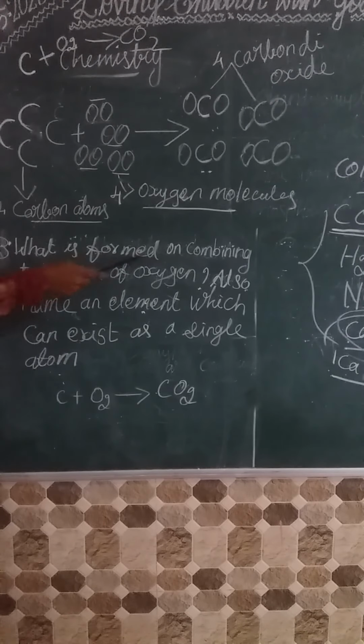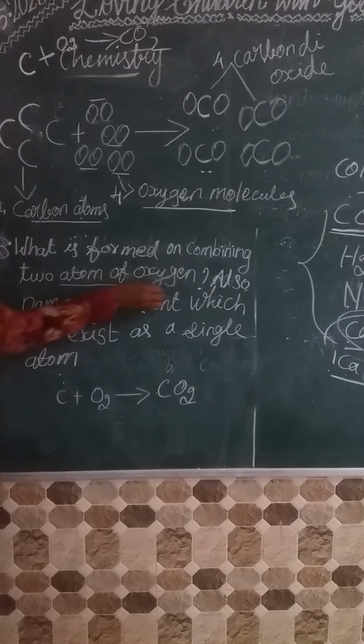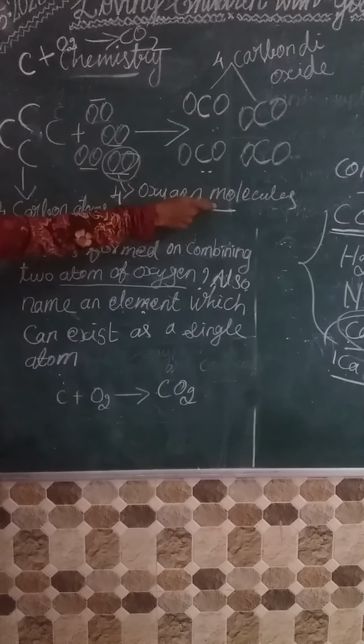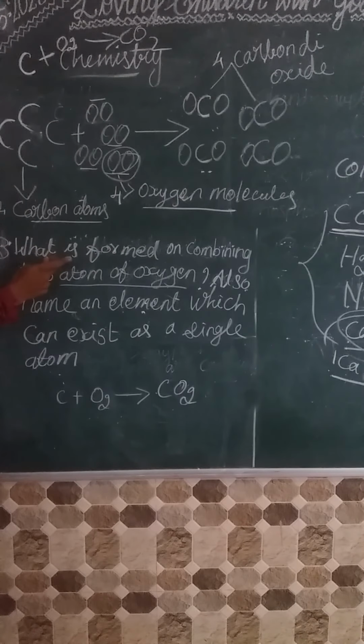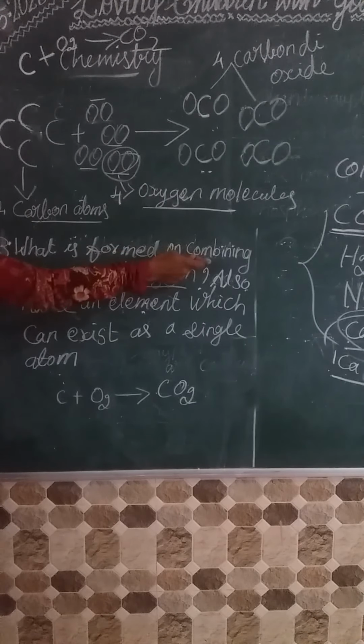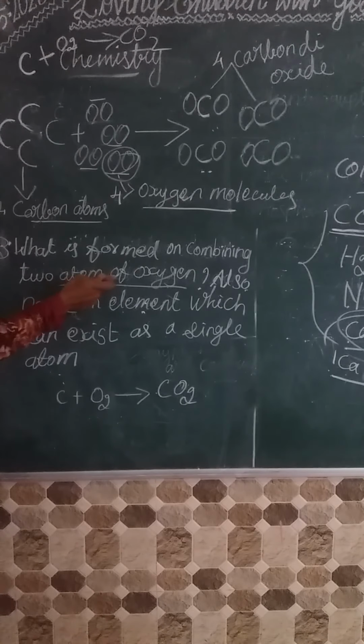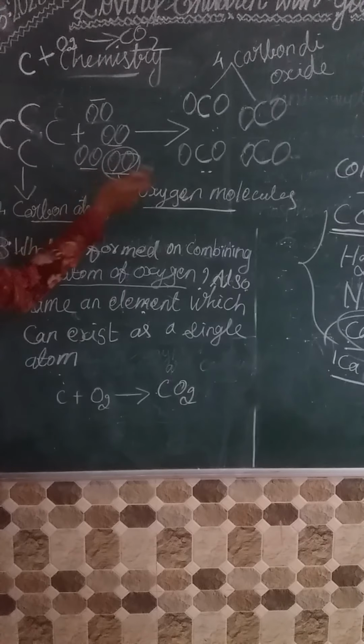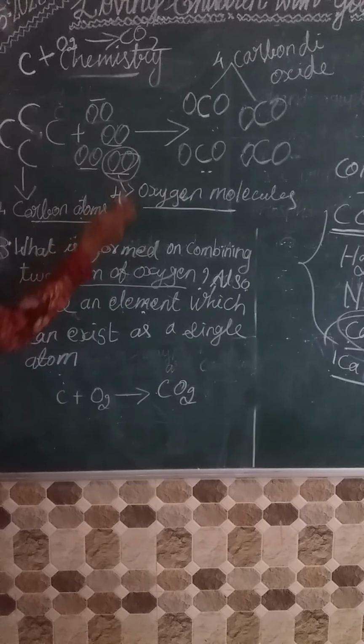What is formed on combining 2 atoms of oxygen? 2 atoms of oxygen, what is this? Molecule. So the answer is molecule. This is an oxygen molecule. First answer is oxygen molecule.